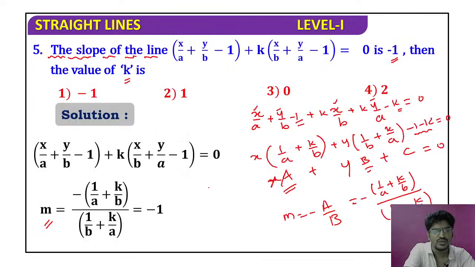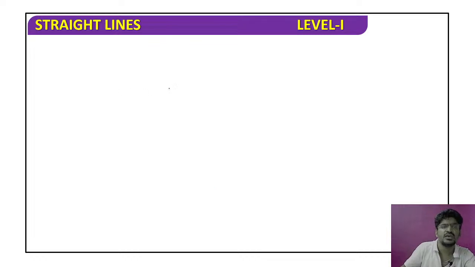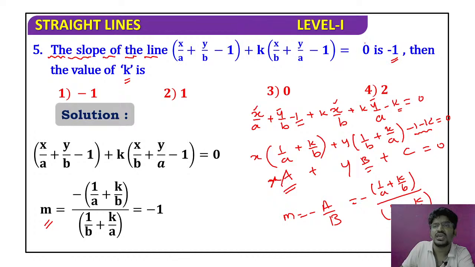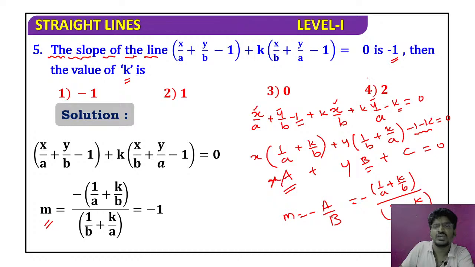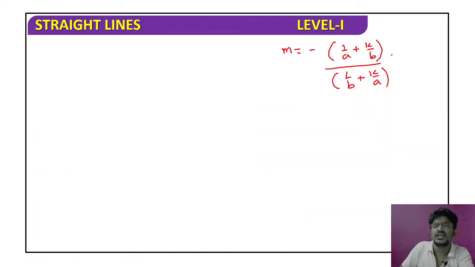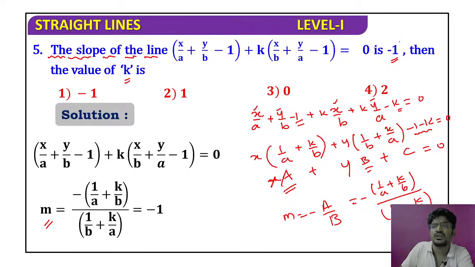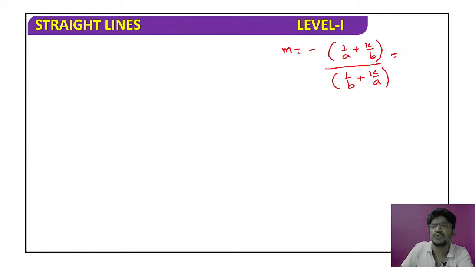So I have to solve it or you will understand this. m is nothing but minus of (1 by a plus k by b) divided by (1 by b plus k by a), that is equal to minus 1. They have given here, that is equal to minus 1. Okay, so we have to simplify this.